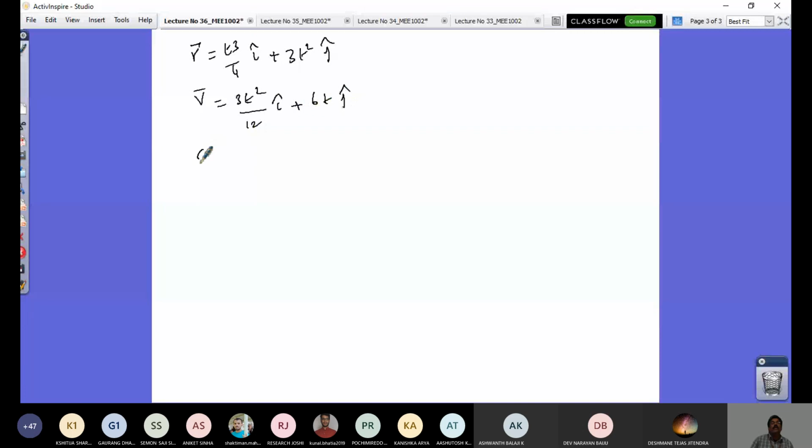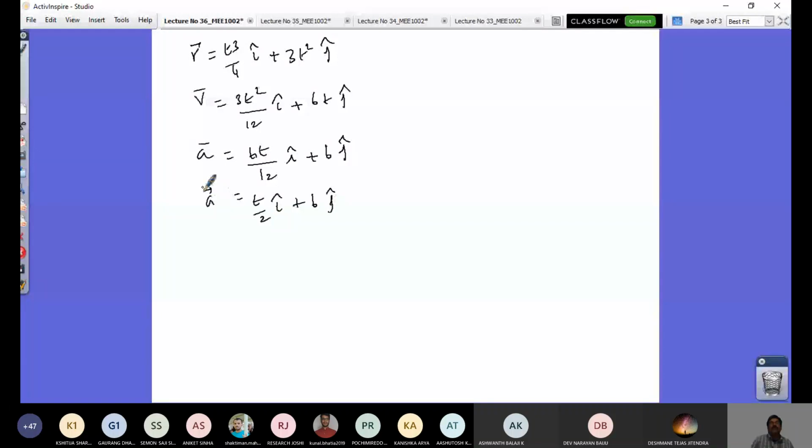What is my acceleration vector? This is going to be 6t by 4 i plus 6 j, so t by 2 i plus 6 j is my acceleration vector.